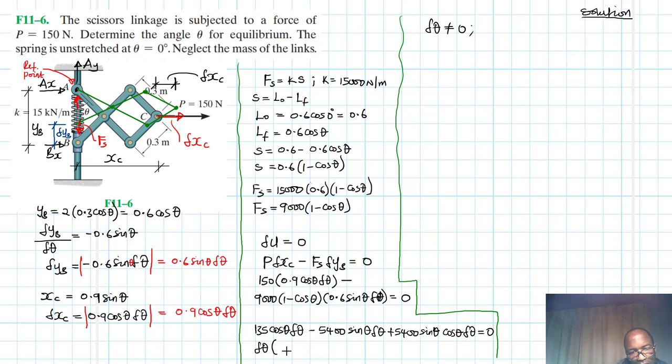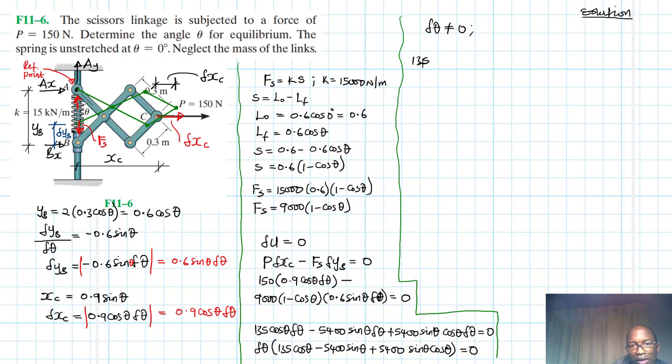We just remain with 135 cos theta minus 5,400 sine theta plus 5,400 sine theta cos theta, close bracket, equal to 0. Since del theta is not equal to 0, the inside must equal 0.